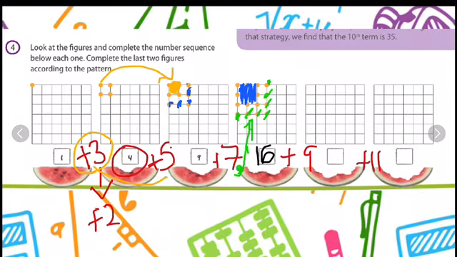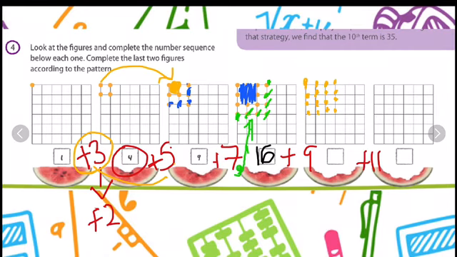Now over here you're going to color how many dots? 16 dots. So let's color 1, 2, 3, 4, 5, 6, 7, 8, 9, 10, 11, 12, 13, 14, 15, 16. So that means that this one right here is this one.